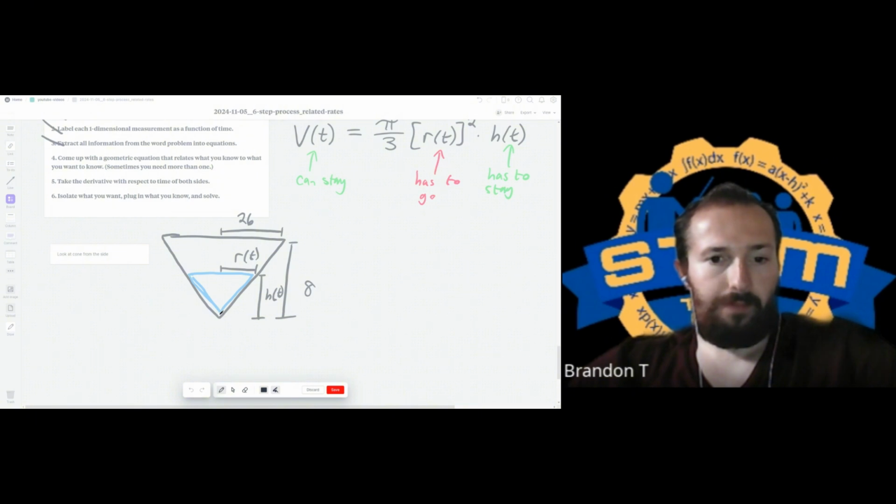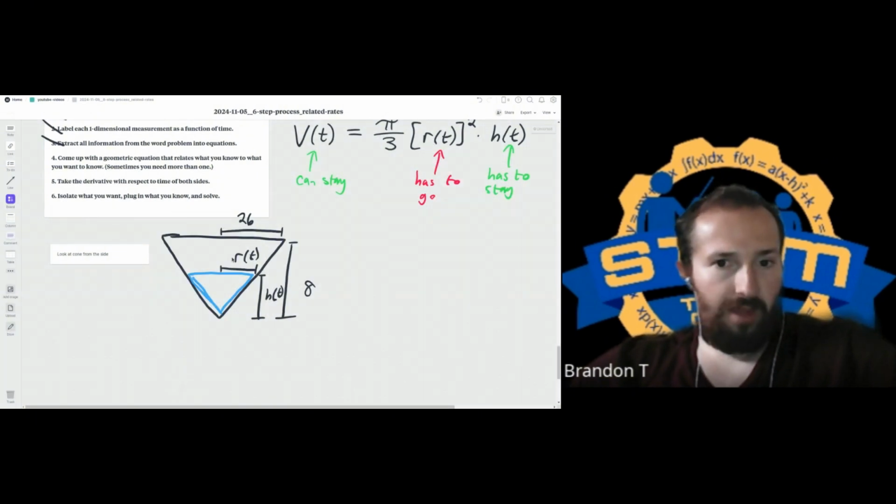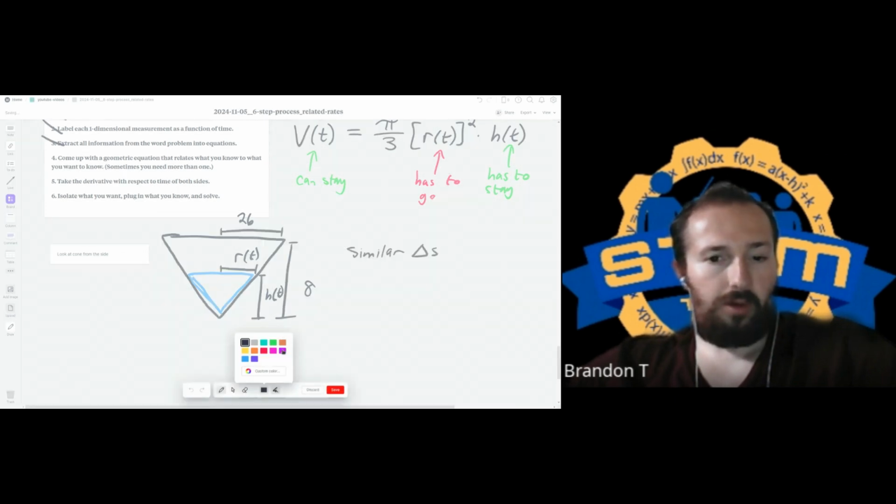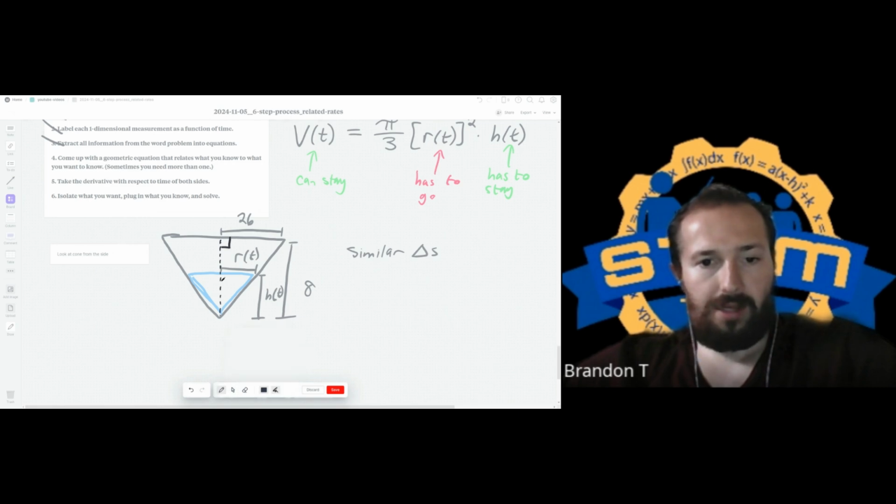Now, this is the diagram looking at it from the side, but what actual equation would we use? Similar triangles. Why? This gets into geometry, but we basically have the angle similarity. If you imagine dropping what's called a perpendicular, or an altitude, or a height, that would create a 90-degree angle here.